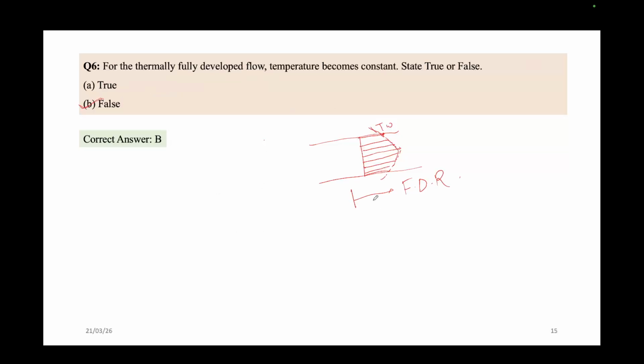In the thermal boundary layer, I think you have gone through the lecture by Professor Chakraborty, right? Here in the fully developed region, I am giving short details because time is quite limited.